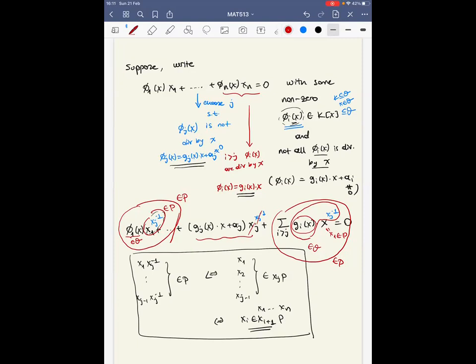And again, with the same argument, we see that it lies in P. And this gives us, if we remove the constant term a_j on the right-hand side, that this term is also an element in P. But this gives us a contradiction because P intersection K is trivial.